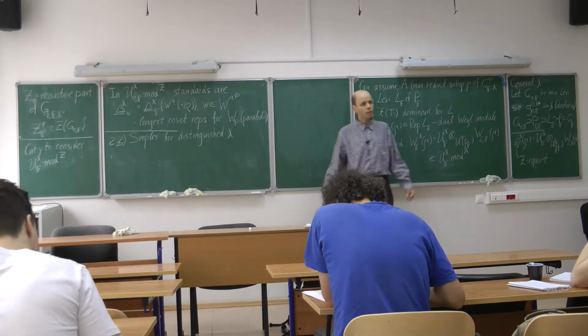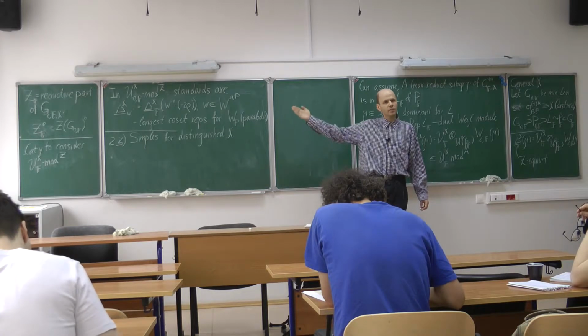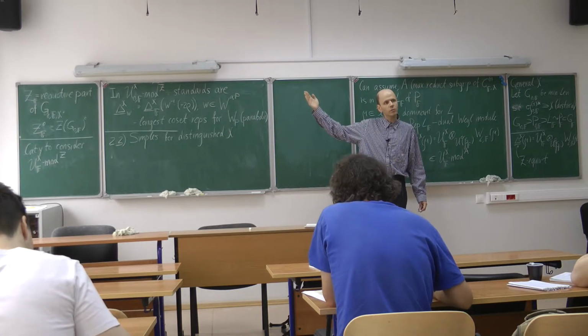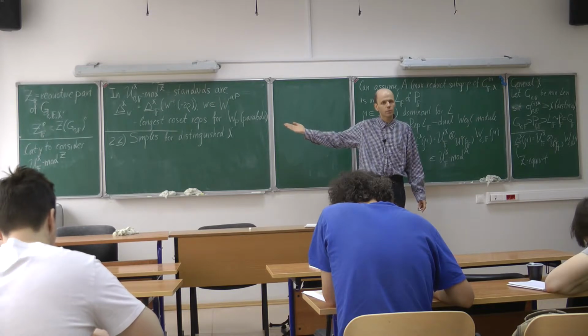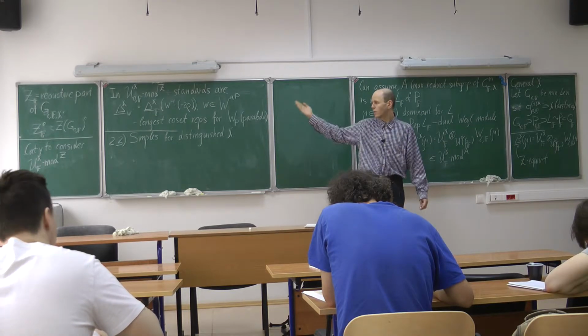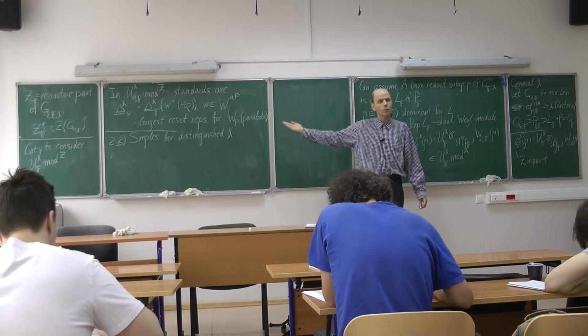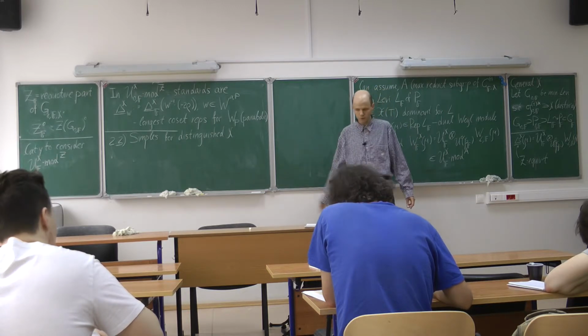So, what I want to explain is how to classify the simples, and I want to explain how to compute the characters. And to compute the characters, meaning classes in K0, I will need parabolic Kazhdan-Lusztig polynomials. So let me explain what those are.